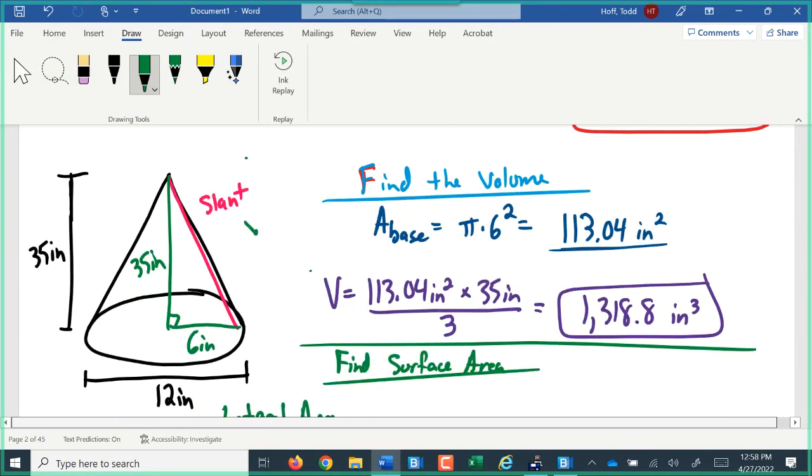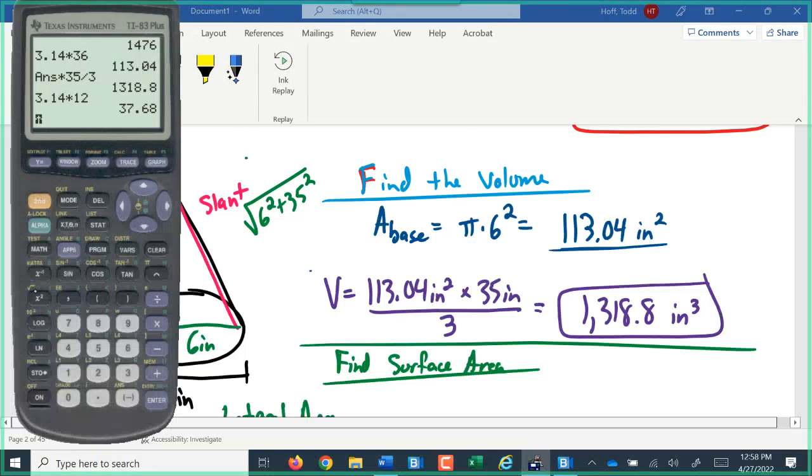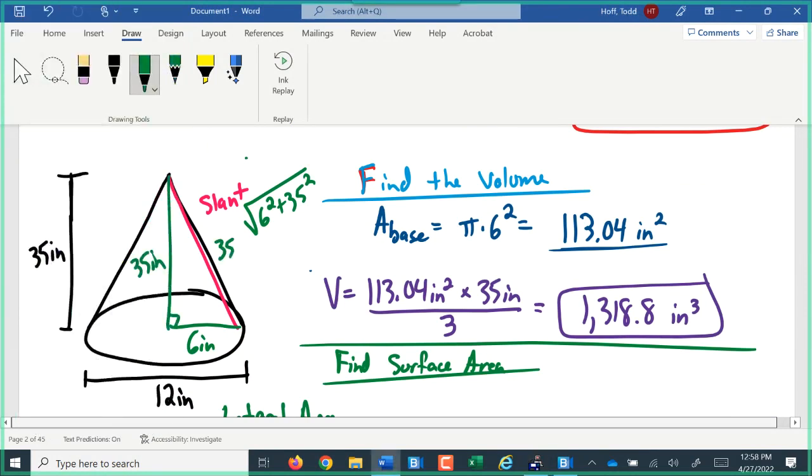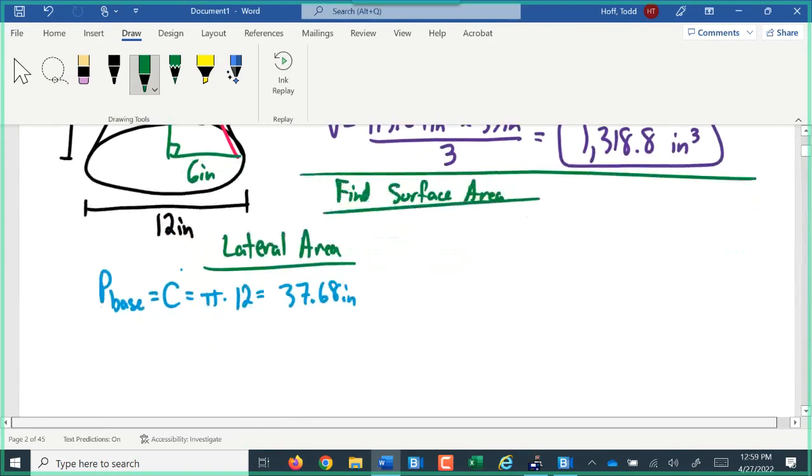Slant will be the square root of 35 squared plus 6 squared. Yep, giving us 35.51 inches. Slant.